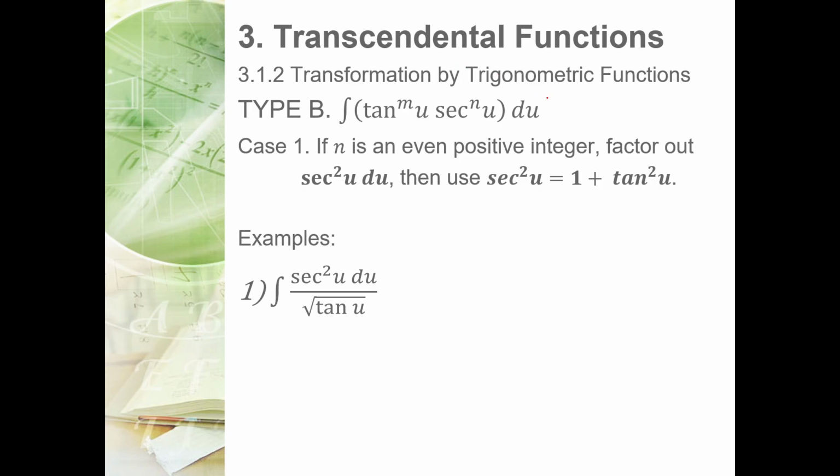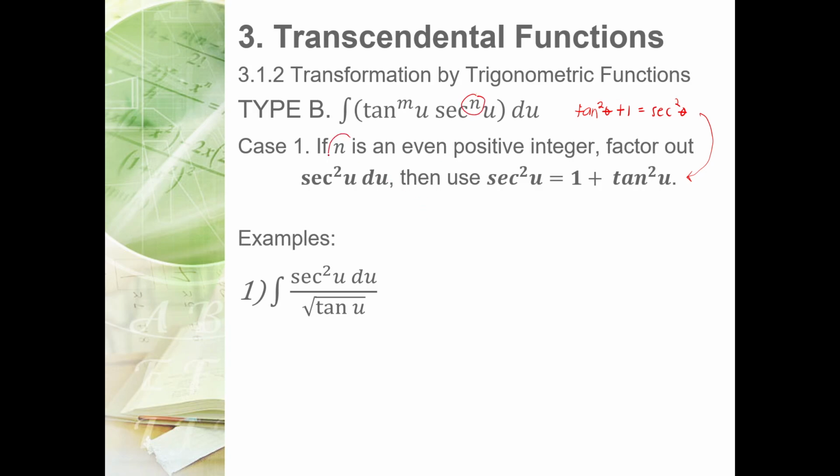Okay, so again, this is coming from the identity of tangent squared plus 1 is equal to secant squared theta. As you can see, it's just taken and reversed, right? So in case number 1, what we need to observe is just the exponent of the secant function, which is n.